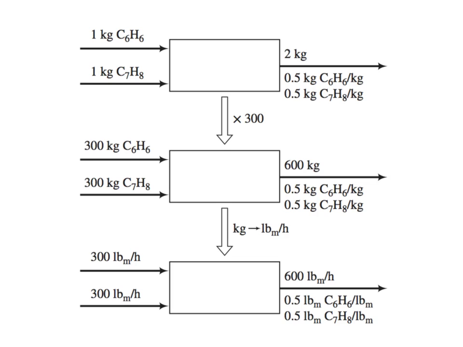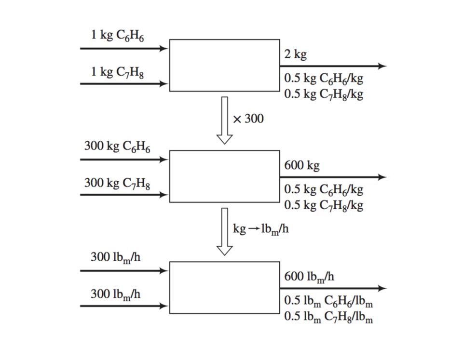So in this video I'm going to talk about scale up and basis. Here's an example of a process. It looks like a mixing process where we have two different feeds coming in, C6H6 benzene and C7H8, 1 kilogram of each.